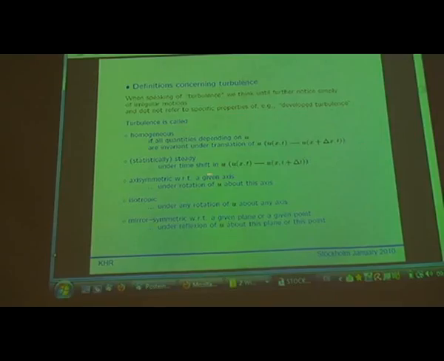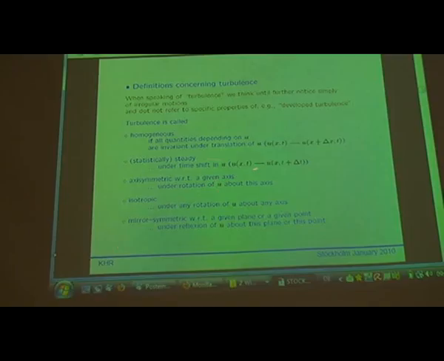We call a turbulence steady, or to be more precise, statistically steady, if this invariance applies under the time shift. We call a turbulence axisymmetric if this invariance of our mean fields applies under rotations of the velocity field about a given axis.